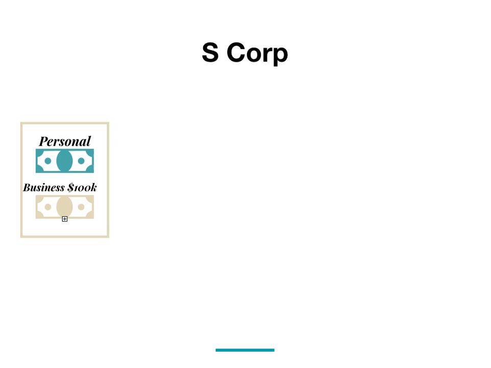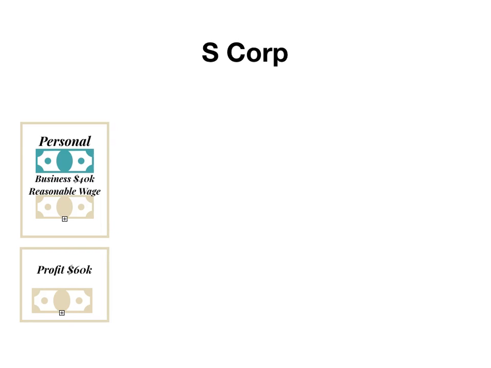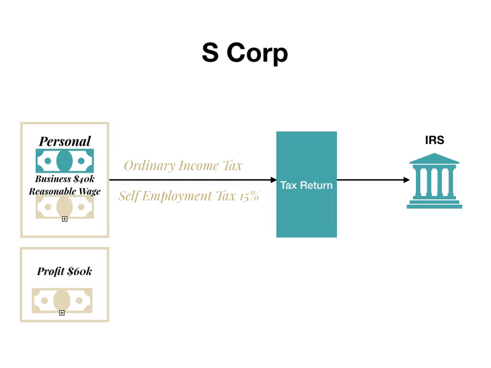S-Corps have these rules, and one of the rules says that if a shareholder, meaning you as the owner, works in the business, then you must be paid a reasonable wage. So in this scenario, you paid yourself $40,000 in wages. Those wages are subject to that ordinary income tax and that self-employment tax.